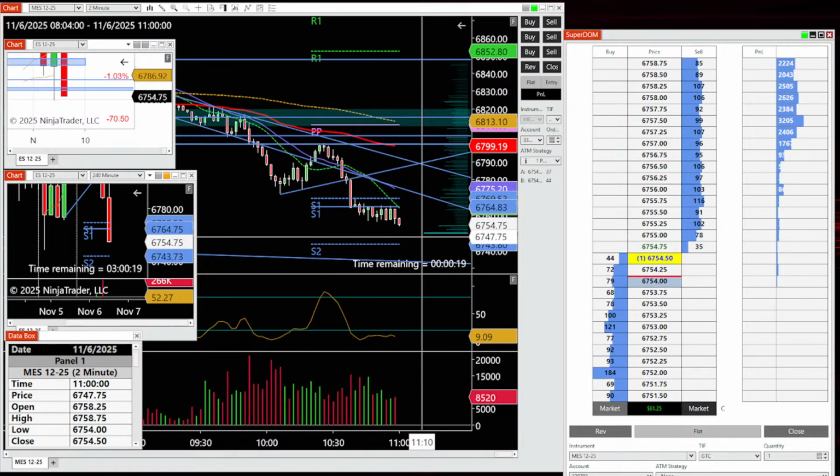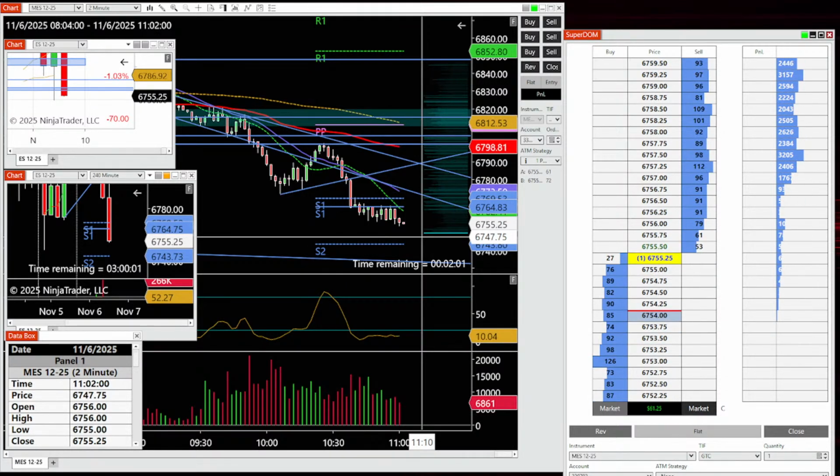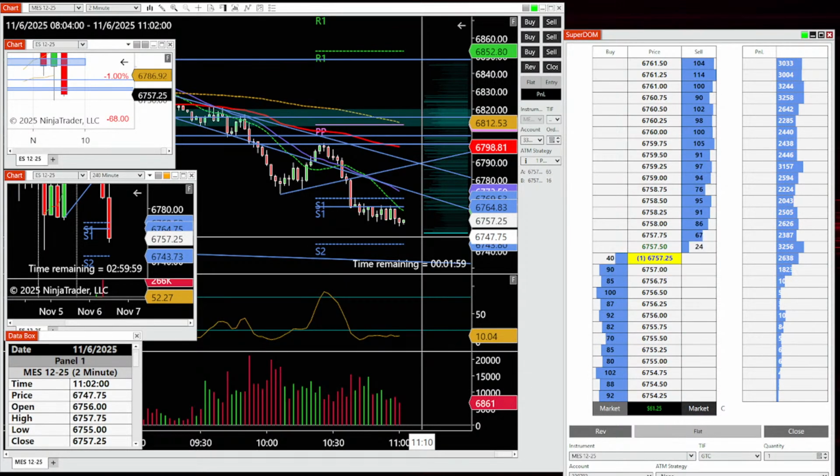Okay, breaking the lows. Next 15-minute bar opens up, so we're making a move for the next 15 minutes. I don't want to short into 50. This is the 15-minute bar. Here we go.